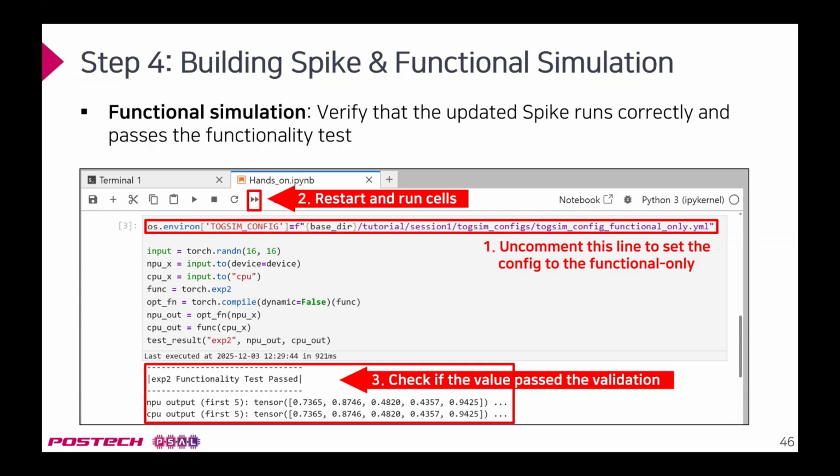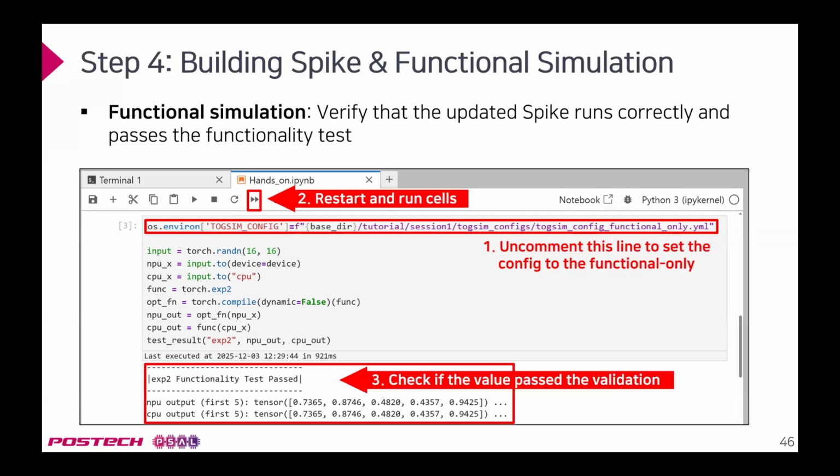So set the configuration to functional only configuration. And once you do that, run the cells and check if the output passes the validation against the CPU values. And if you see the passed message, your Spike implementation is correct.